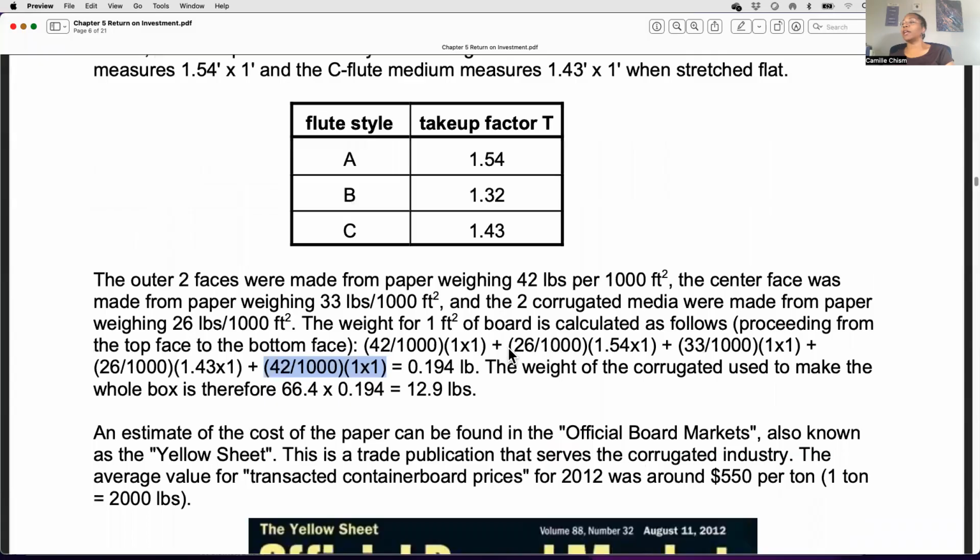Next, the next one is 26. So you've got the 26 per 1,000 square feet. And then you're going to multiply this by the take-up factor of the A flute times 1, because that 1 is the length, and then you have the take-up factor. And then the third one is your 33-pound medium divided by 1,000 pounds per square foot times the 1 times 1.